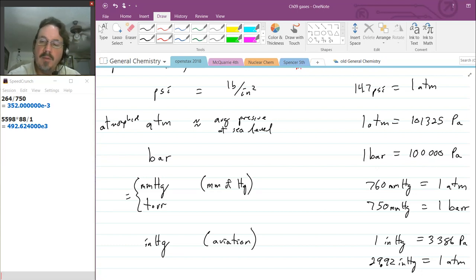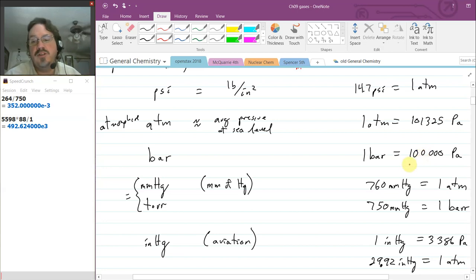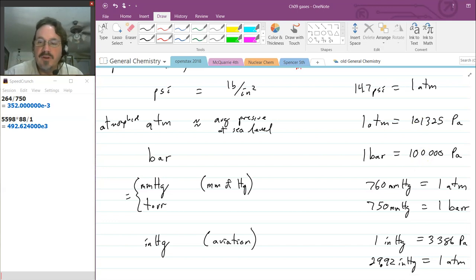Well, a bar being 100,000 pascals is very, very close to an average atmospheric pressure, which is 101,000. Very, very close, just a hair off. So more and more often, you'll see that 1 atmosphere is the actual average, but pretty close to 1 bar, and so people are starting to use that instead. And it's easy to convert, right? 100,000 pascals. And a pascal is the official SI unit, and so 1 bar fits nicely with that, being a multiple of 10 of a pascal.